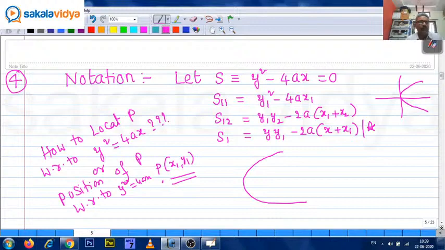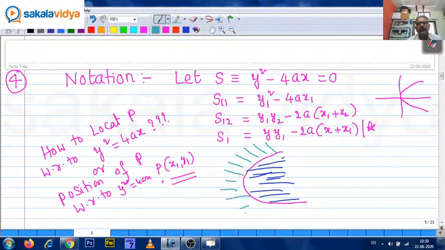Now, for example, if you consider this curve, this is a plane curve. This plane curve divides the plane into three parts. This is one part, this is another part, and one more part is this color.